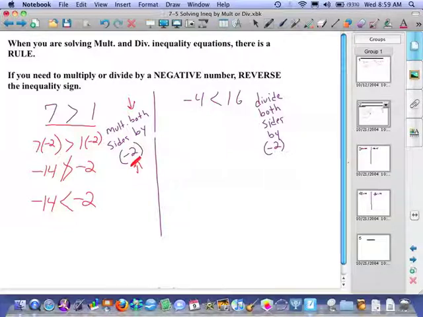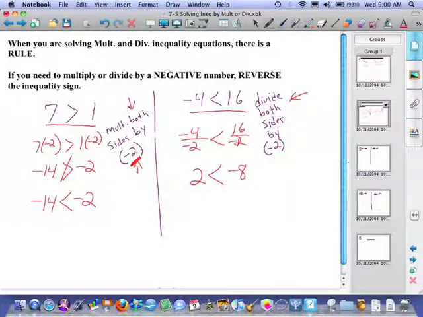On the right hand side we have negative 4 is less than 16. This time we're going to divide both sides by negative 2. So negative 4 divided by negative 2, keep the symbol, 16 divided by negative 2. Negative 4 divided by negative 2 becomes positive 2, from our work in chapter 2 with integers. And 16 divided by negative 2 is negative 8.